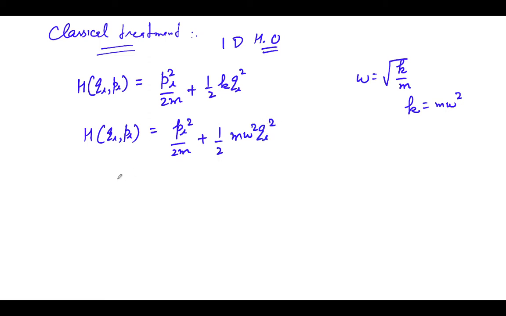Now for this one dimensional problem, if we are considering a single harmonic oscillator, then we calculate the partition function for the single oscillator, and from that we can solve the problem for the harmonic oscillator.